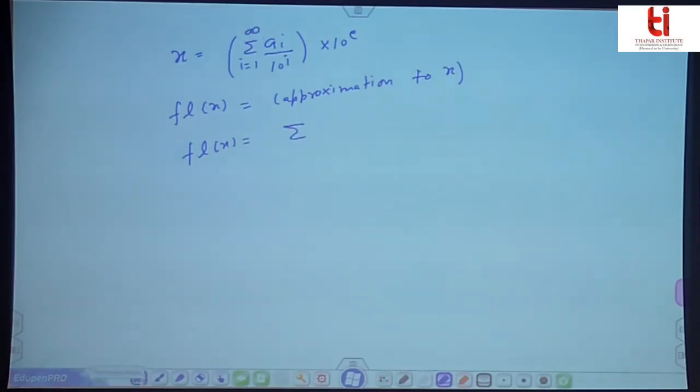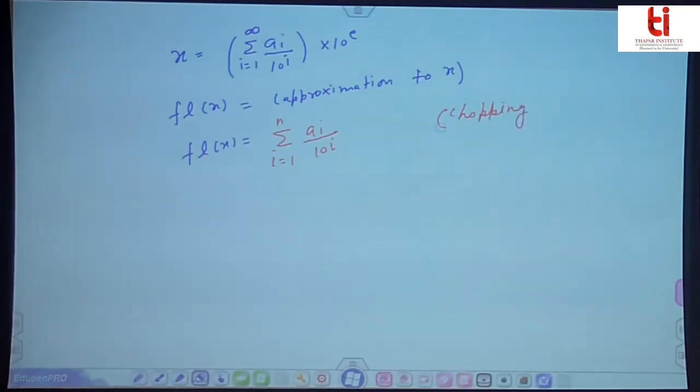So fl(x) we are writing as the summation i equal to 1 to n of ai upon 10 raised to power i. Let us suppose we are using chopping. What do we do in chopping?